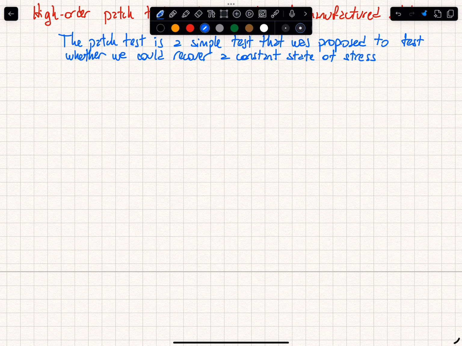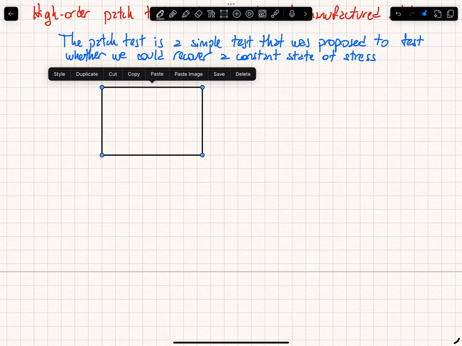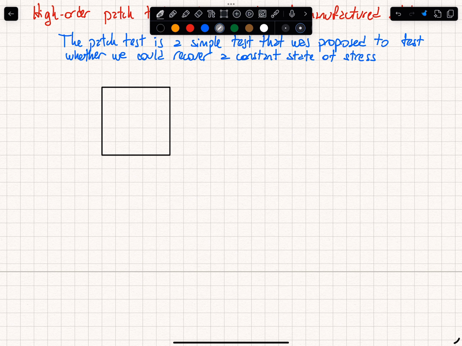Essentially, if you look at the code that I gave you, there is a patch test there. Have you solved the patch test? It's a two-dimensional problem with quadrangle elements. So that is a patch test. It looks more or less like this. All of these are quadrangular elements.